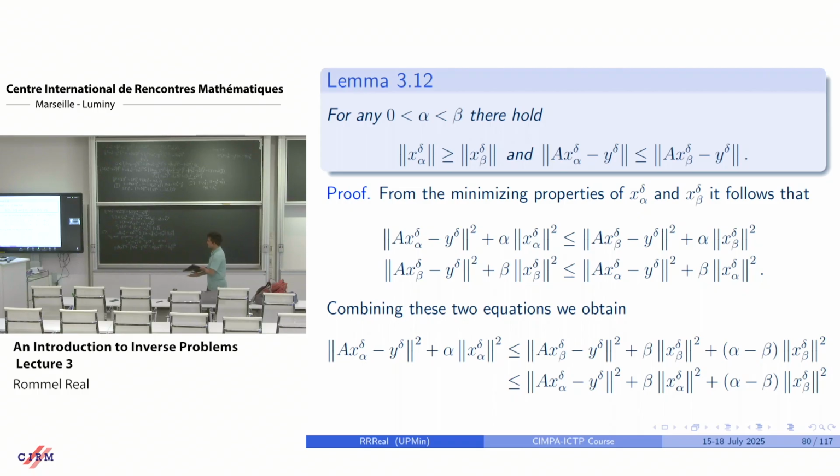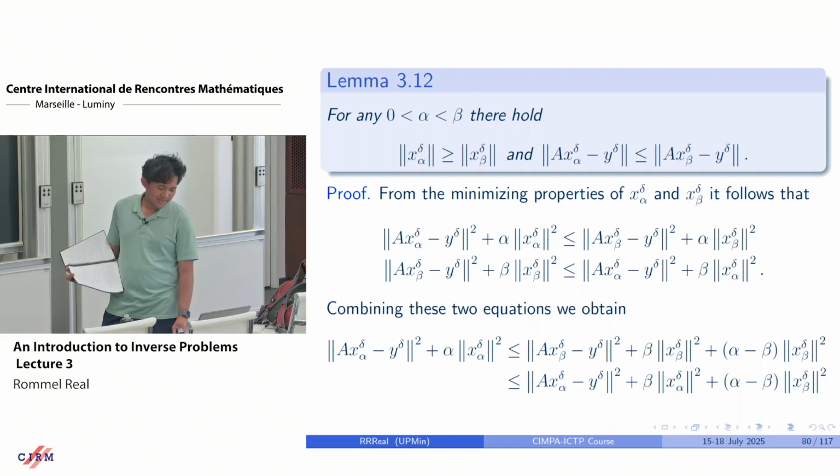The first one tells us that the norm of the regularized solution in terms of alpha is greater than the norm of the regularized solution in terms of beta. But on the other hand, the residual with respect to alpha is less than the residual with respect to beta.